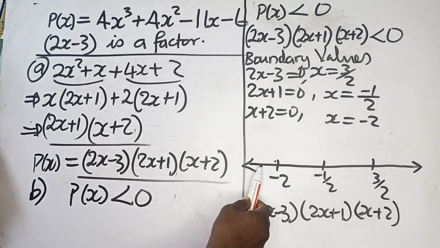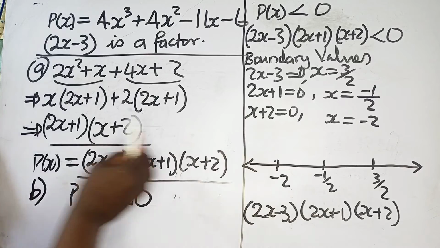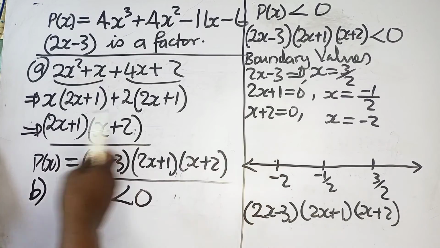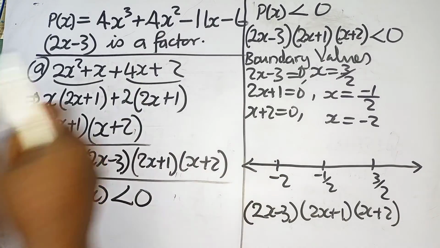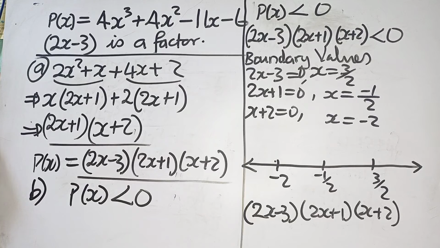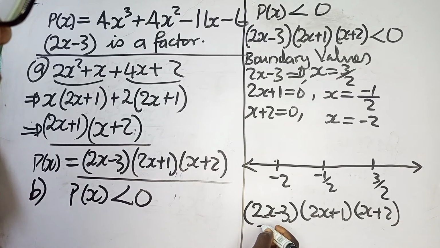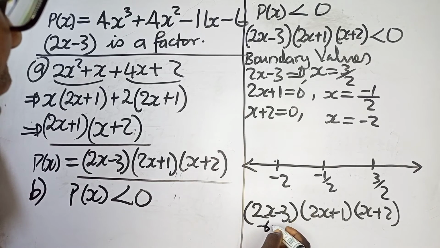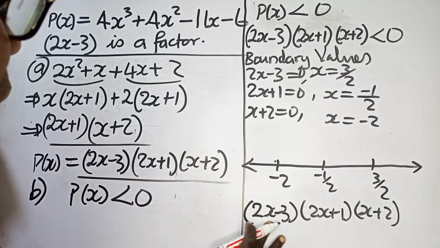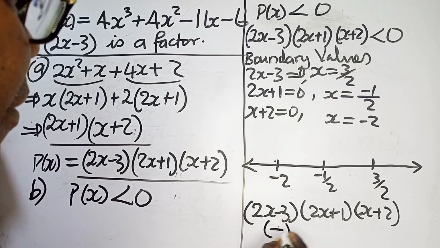All right, take a value in this zone. Remember, this is to the left of negative 2. Any value to the left of negative 2 will be found in that zone. So take, for example, negative 3. And we put there, we're interested only in the sign. 2 multiplied by negative 3 is negative 6. Minus 3 is negative 9. All right, so you'll have negative.